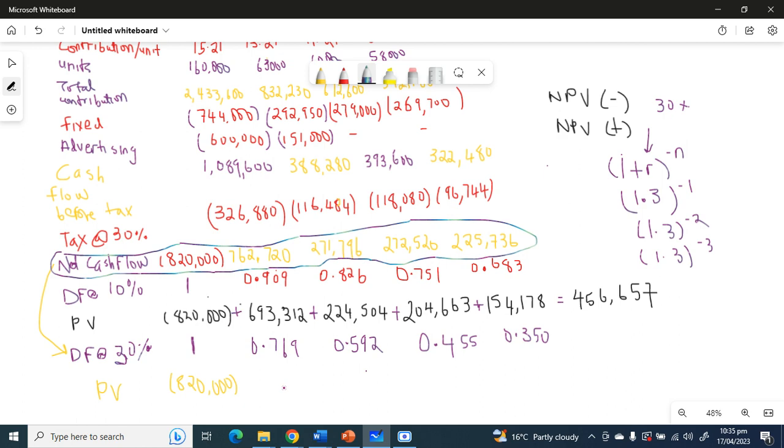Then someone on their calculator prepare that negative 820,000 as the cash flows are coming. If you see we're still on a positive number by year 4, we have to change the discount factor.